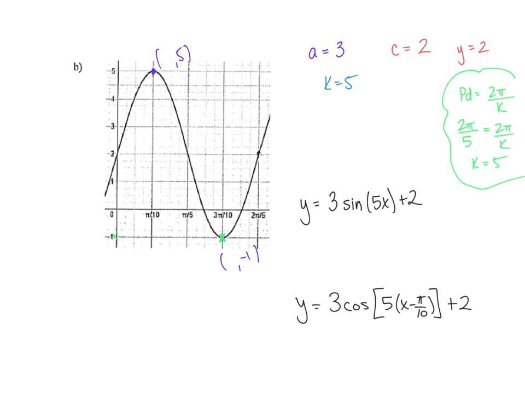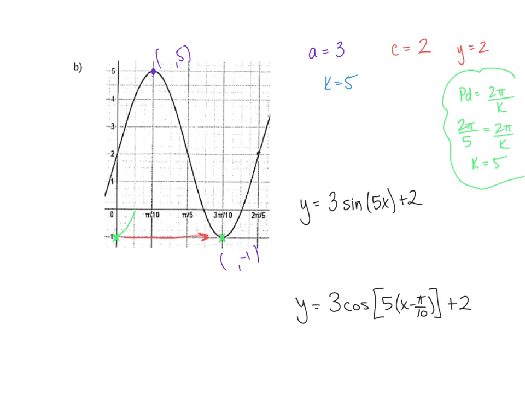So if I reflected one of my curves and started at my minimum, that would represent a reflected cos. So starting at my minimum and increasing. So if that's where I wanted, I could start at a reflected cos, but in order for that graph to actually represent the curve that we see, the function that is graphed here, I would have to move that to the right 3 pi by 10.